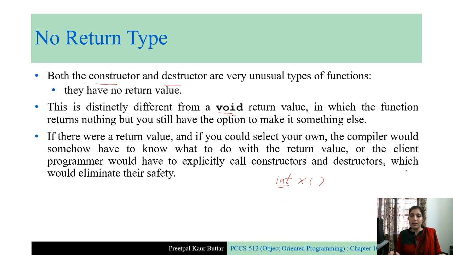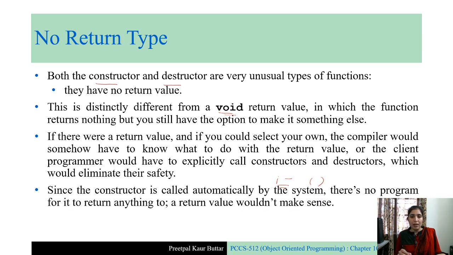But this option would eliminate their safety. Safety means they are called automatically. If you are calling them yourself, then you can make changes which are not desirable. So this would eliminate the safety. Since the constructor is called automatically by the system, there is no program for it to return anything to.